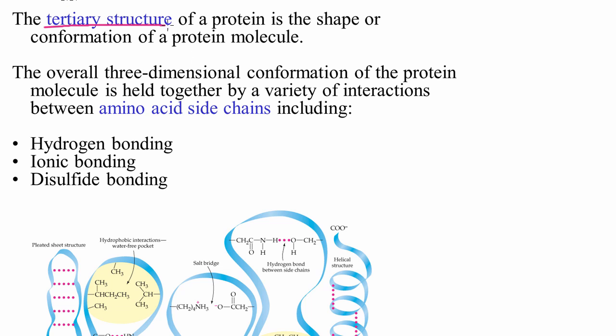The tertiary structure of a protein is the shape, the three-dimensional shape of the protein molecule, okay? So the three-dimensional conformation of the protein is held together by many different types of interactions between the amino acid side chains, and that can be hydrogen bonding, ionic bonding, disulfide bonding.